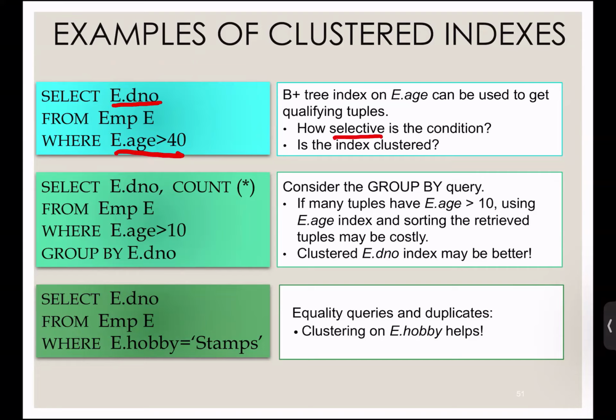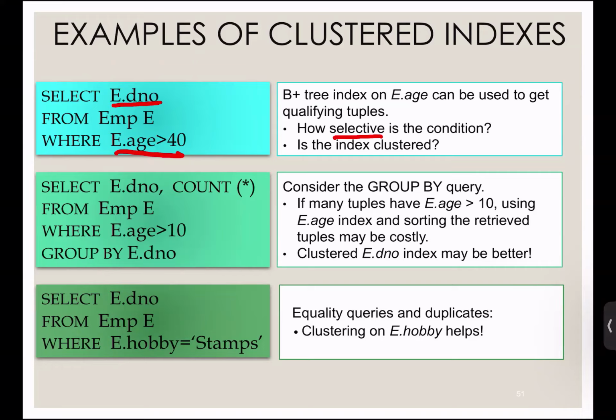Let's say this company has 90% of people older than 40. Using the index is probably not very helpful because it's not very selective. Maybe not using the index structure at all, and I just scan the whole file, and almost everybody is more than 40 already. Okay.